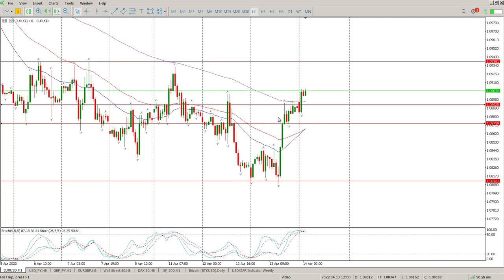We tried to form a base going into the close yesterday. It didn't really happen. We've broken through the moving average. So if we're not going to pull back, we're probably going to continue to the top of the range before bouncing back down and finding support. It's that bounce back down to find support with the crossover of the moving averages that I'm looking for.